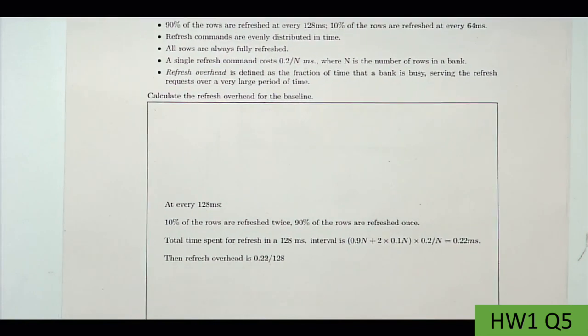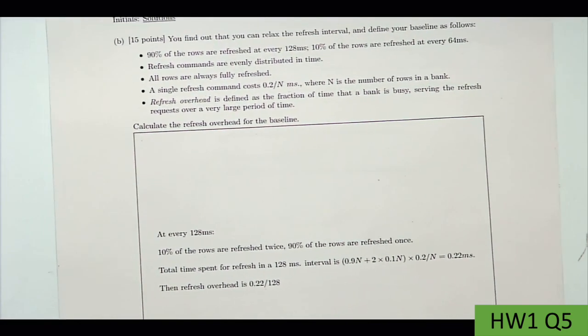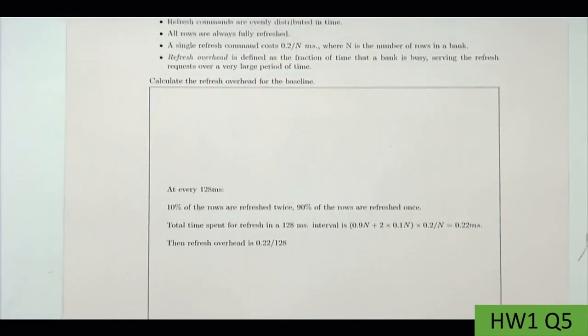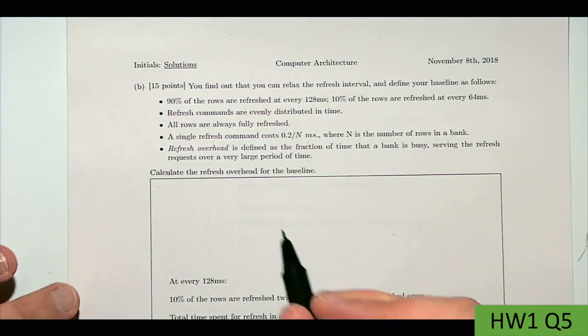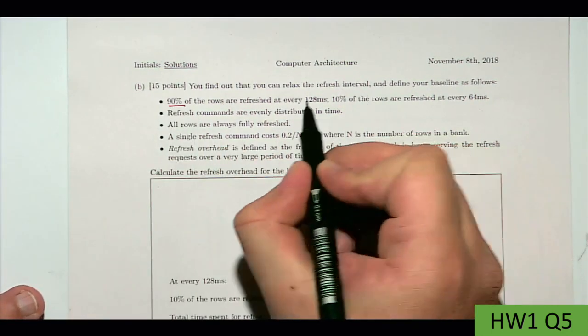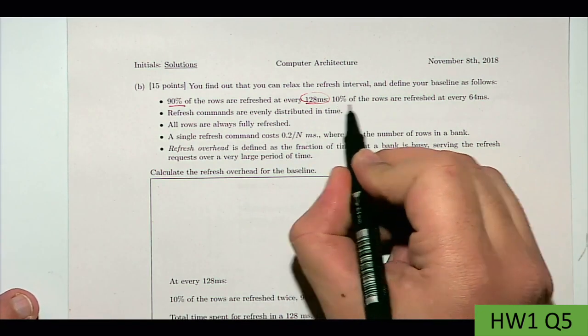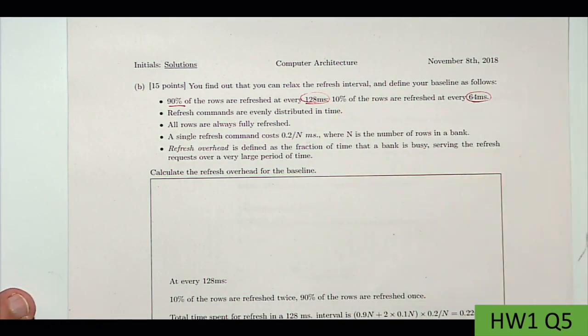So based on this observation, we need to understand what our benefit is here in this paper. So for that, we need to come up with a good baseline, right? In our baseline, we see that 90% of the rows can be refreshed every 128 milliseconds, and 10% of the rows can be refreshed at 64 milliseconds, right?